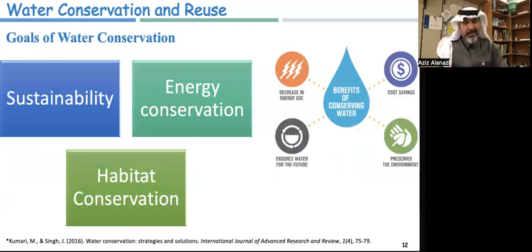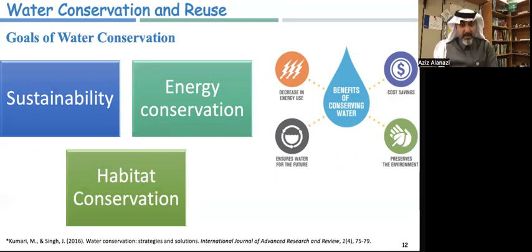So sustainability is to ensure availability for future generations. The withdrawal of fresh water from ecosystems should not exceed its natural replacement rate. Energy conservation: water pumping, delivery, and wastewater treatment facilities consume a significant amount of energy.